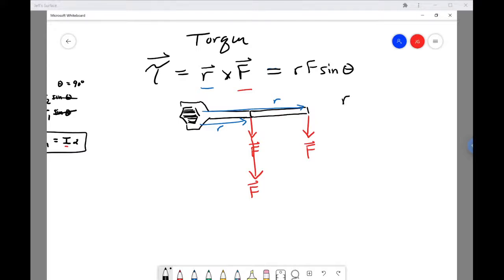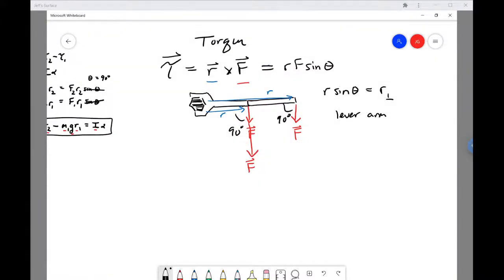So sometimes this magnitude is simply referred to as the distance R times the sine of the angle, which in the way I drew it here, in both cases is 90 degrees, but it doesn't have to be. This is sometimes written as just R perpendicular, and it's called the lever arm.